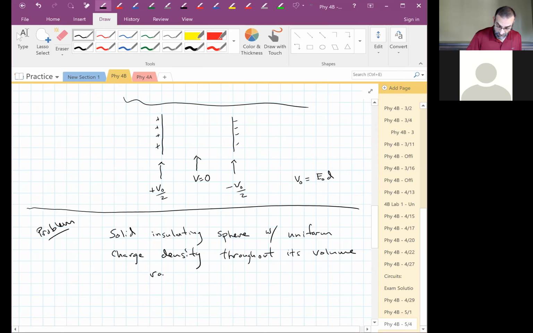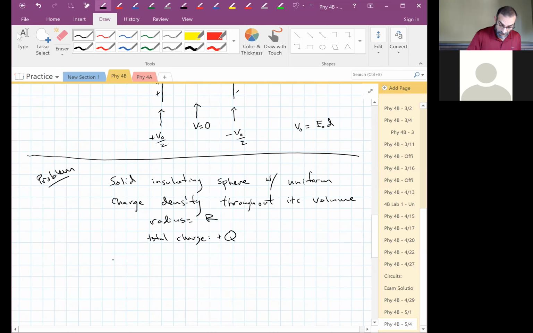And we'll have radius R, total charge, capital Q. We'll make it positive charge. Okay, so what do we want to do? Find E and V everywhere, given V equals 0 at R equals infinity.